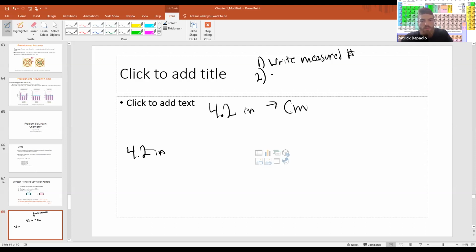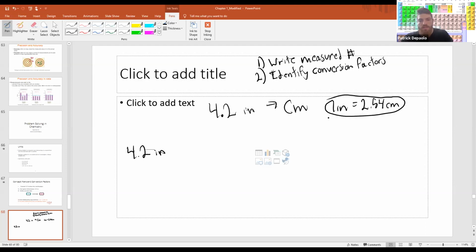Step 2, identify conversion factors. Let's say this problem gives you 1 inch equals 2.54 centimeters. I identified the conversion factor.